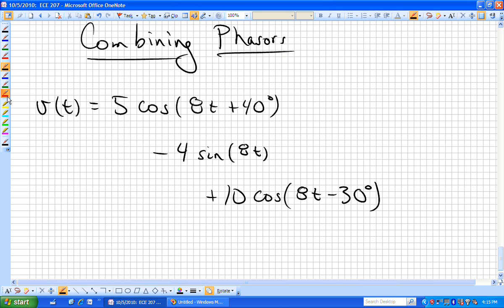That's now v of t, a combination of v1, v2, and v sub 3. And I could have three different voltage sources, V1, V2, V3, stacked on top of each other and exciting my circuit with those three voltages.